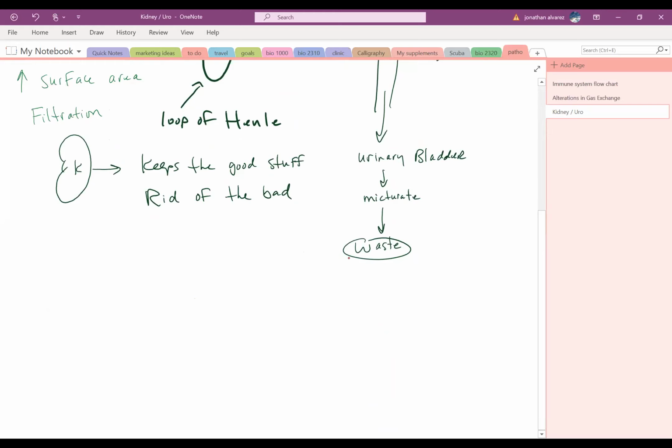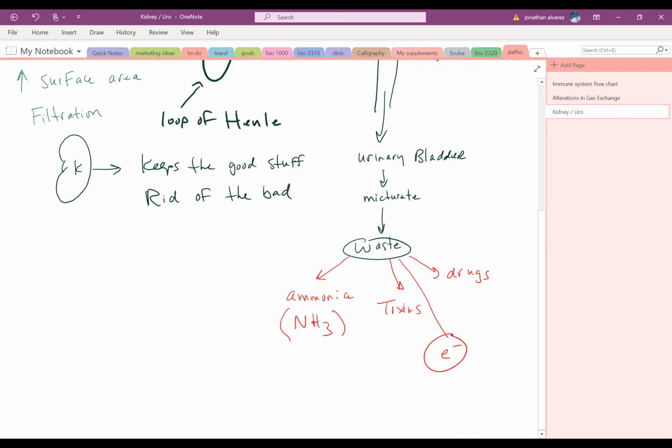So some of the waste is going to be ammonia. Okay, toxins, drugs, electrolytes.